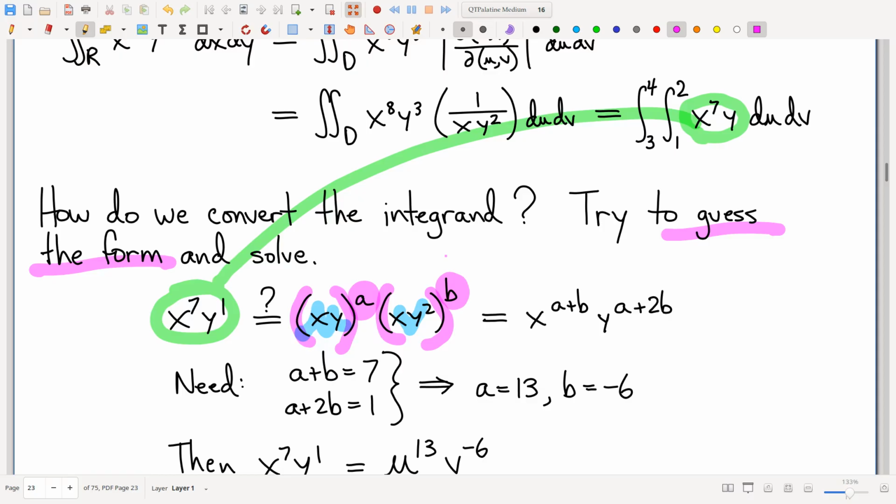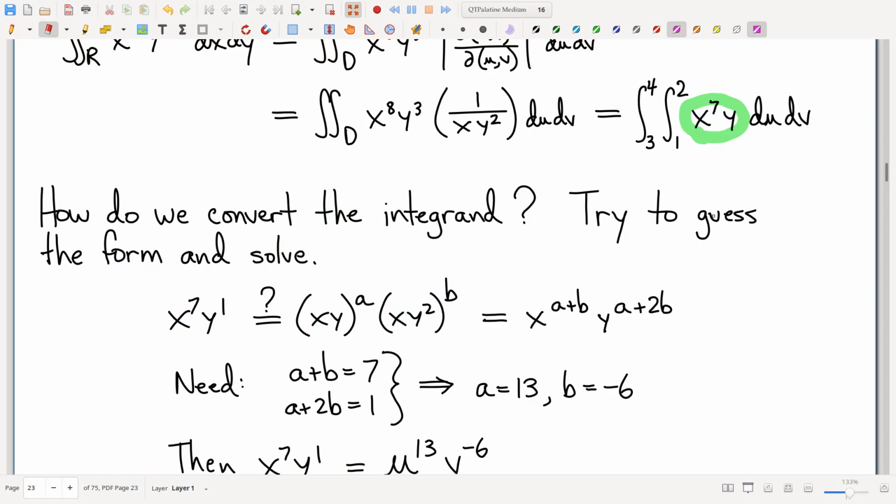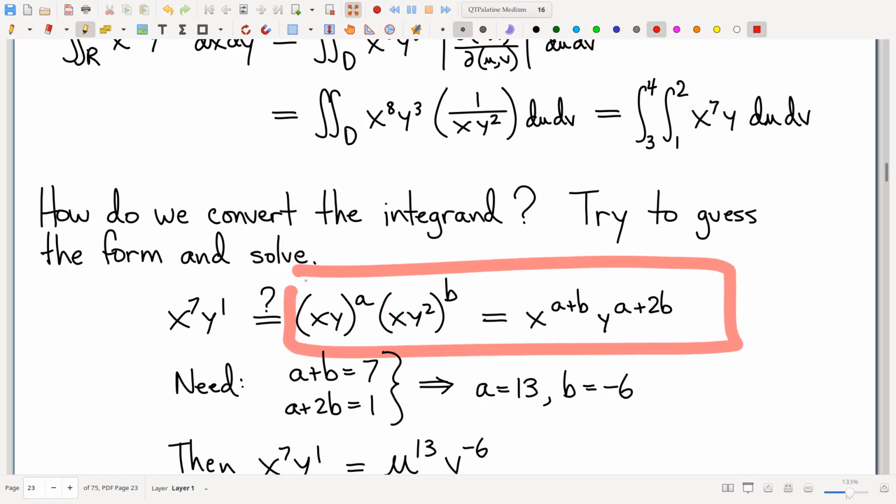So this, I feel like I can sort of see that that's going to work. So that's what I mean, guessing the form. What I have in purple there, I'm guessing what I'm going to do to the blue expressions to create the green expression. And then it's just a matter of finding the details. So the way we're going to find the details, we're going to multiply this out.